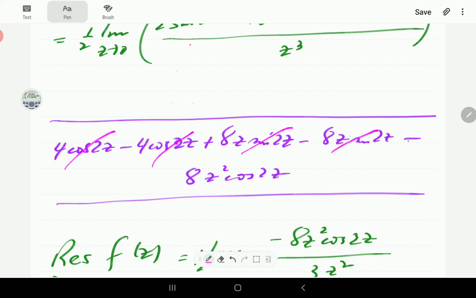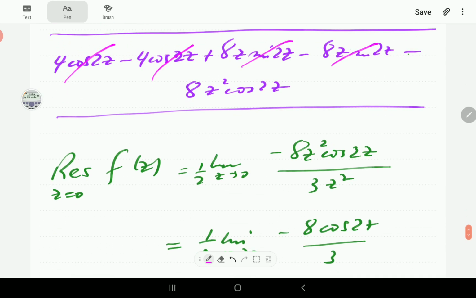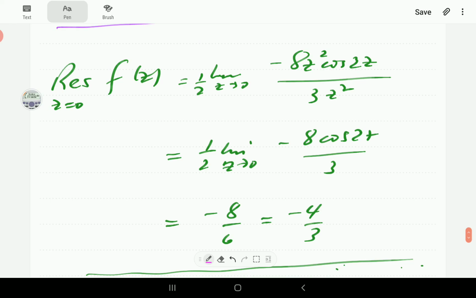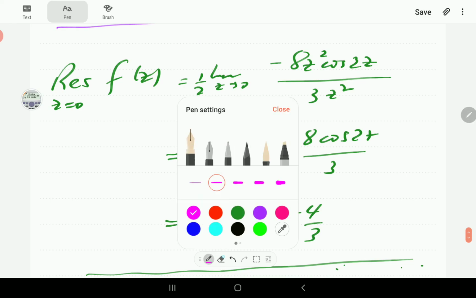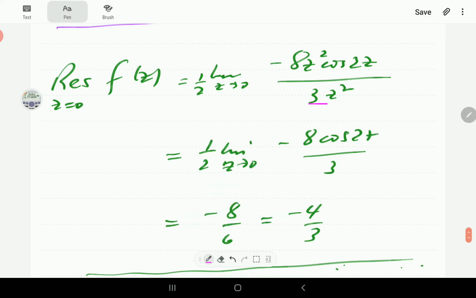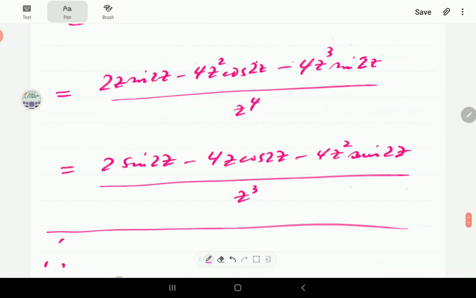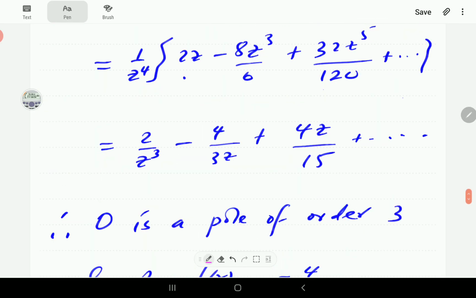So we just have negative 8z squared over cosine 2z. And then, of course, the derivative of z cubed is 3z squared. So that's what we're going to have there. And then z squared cancels out. At this point, you can plug in z equals 0. And again, it gives the same negative 4 on 3.